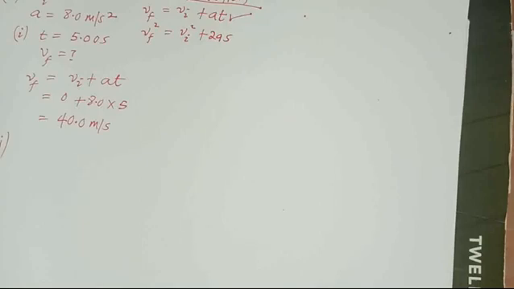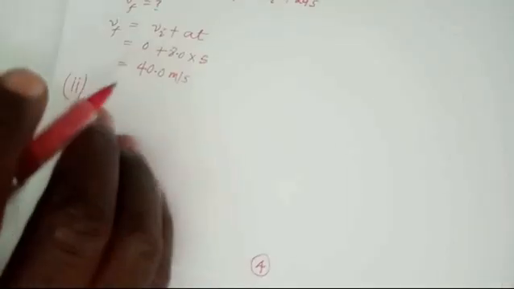So how do we get the average speed? If we know the initial speed and the final speed, we can add them together and divide by 2. That will give us the average speed. Remember, speed is the magnitude of velocity, and this is what they are asking.